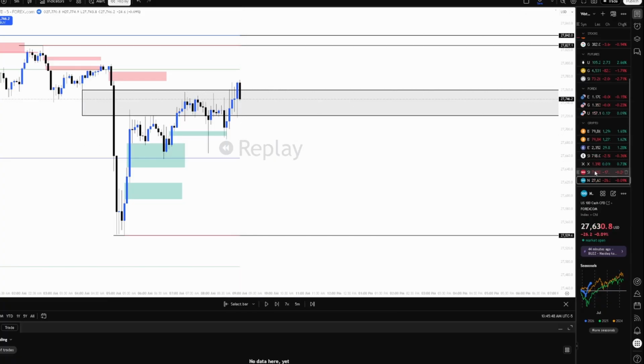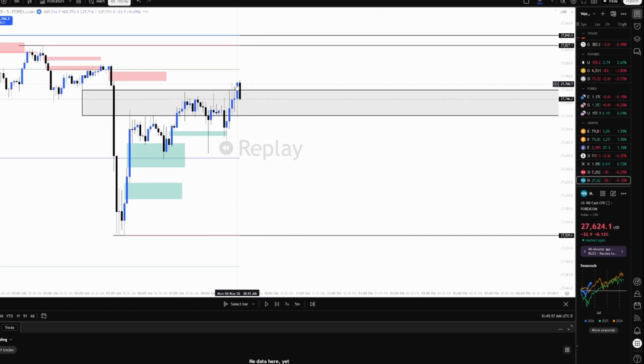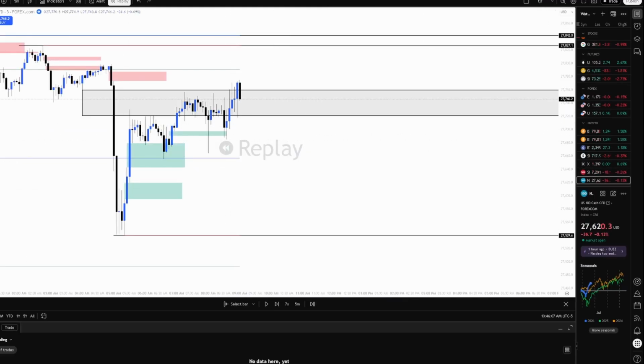And this is where I'm like, all right, ES hasn't inverse this 1 hour gap yet, and it's 9 o'clock. But on NASDAQ, we did inverse it because it's 9 o'clock. So I'm like, all right, I think this is what's going to happen. I think we're going to come here. And I think we're going to, let me get my drawing out.